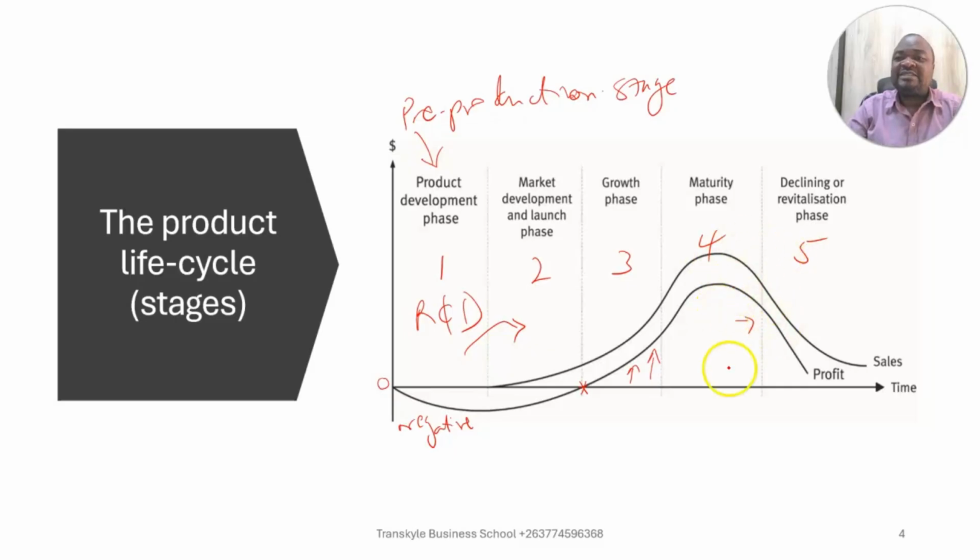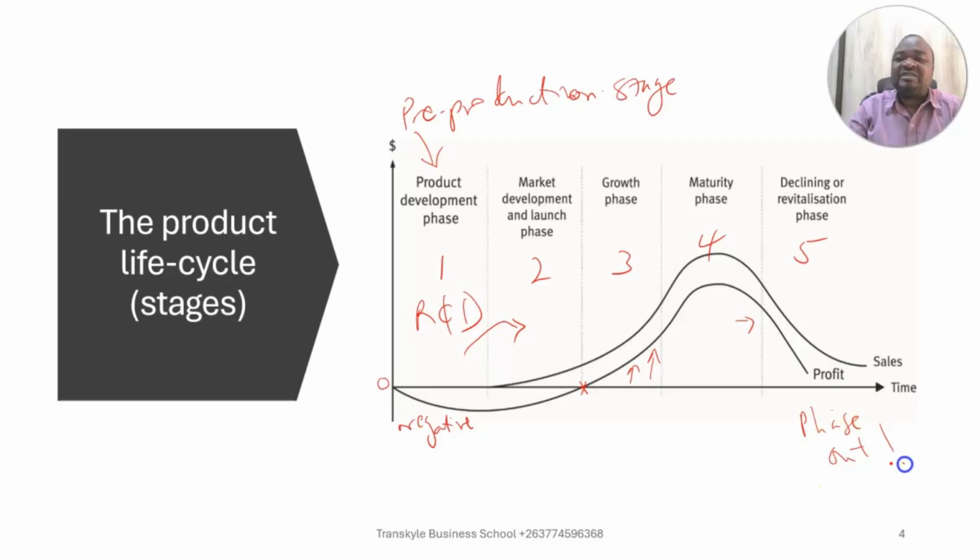All right. So at this stage, we expect to have its replacement in place. The company would have invested in some other replacement product. And by the decline phase now, here, the sales and the profitability have radically declined, which means we are about to phase out the product.